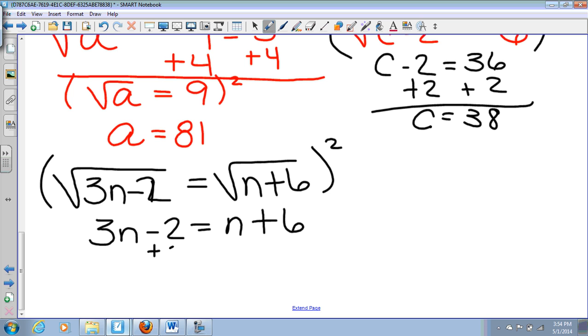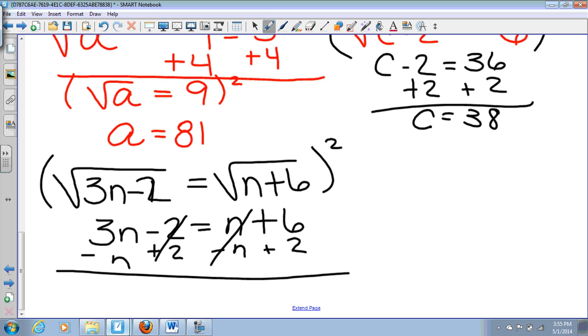I'm going to add 2 to both sides, and I'm going to subtract an n. I like to do those sometimes in both steps. Those are what's going to cancel, so I have 2n equals 8, so n equals 4. Then I can go back in and substitute it.